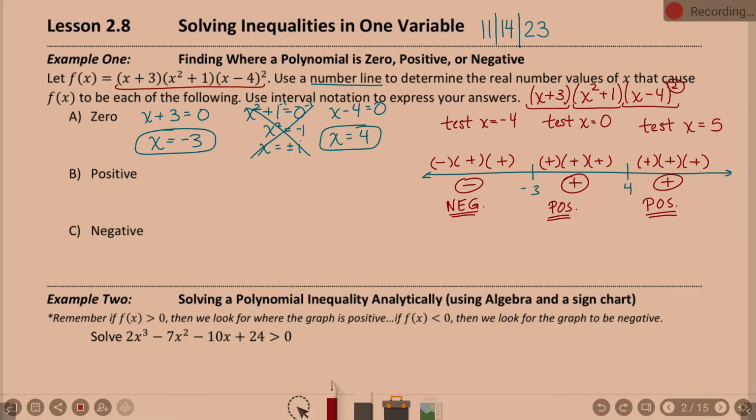Okay, and keep in mind that at -3, this was a 0, right? And at 4, this was a 0. Okay, so we already answered part A, in that when is this polynomial 0? And that was at -3 and at 4.